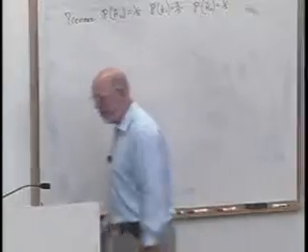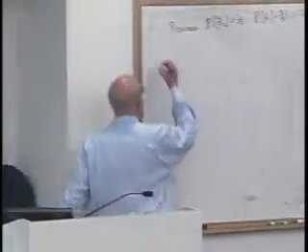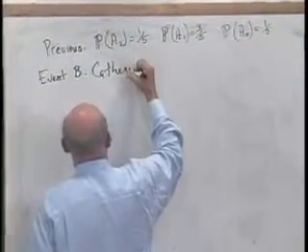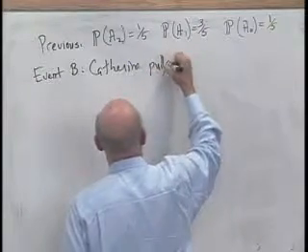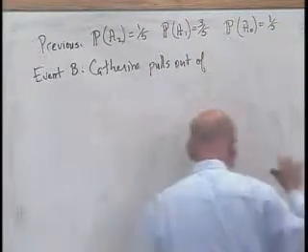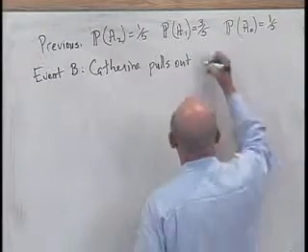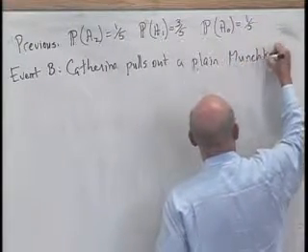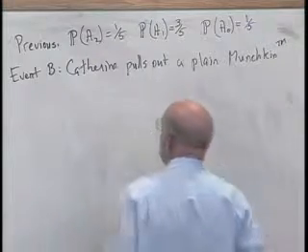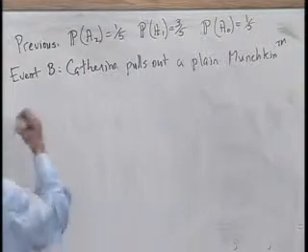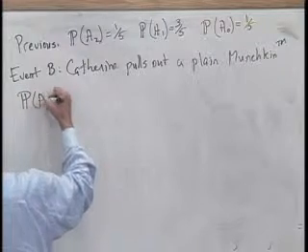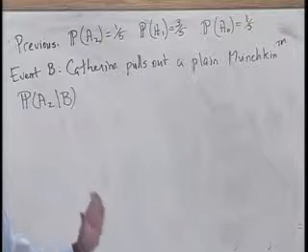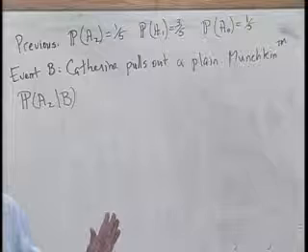What I'm interested in knowing now is the following. Given that event B is that Catherine pulls out a plain munchkin, what Thomas now wants to estimate is, for example, the probability of A2 given B. Everyone happy with that as the relevant conditional probability for this problem?